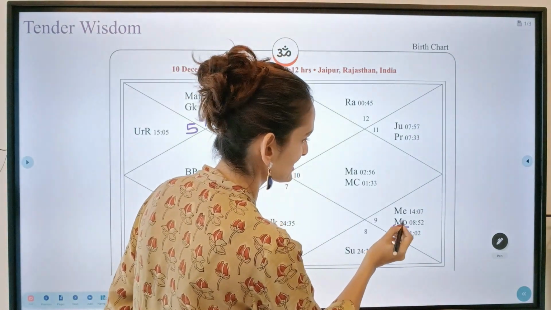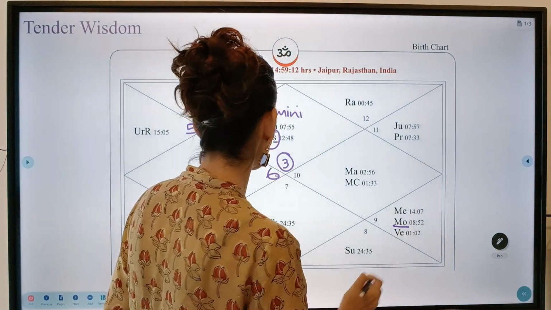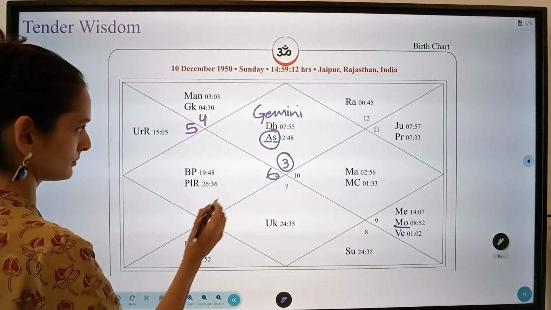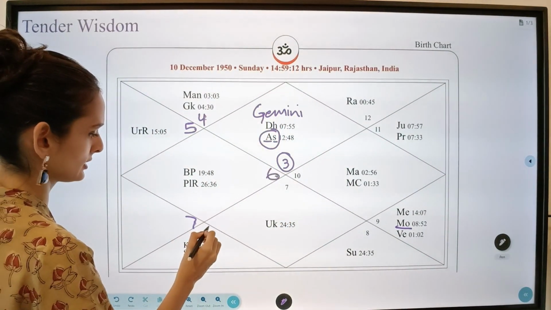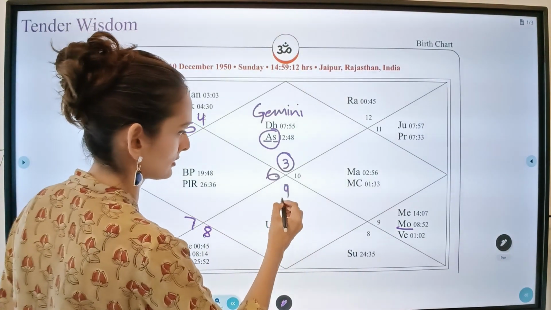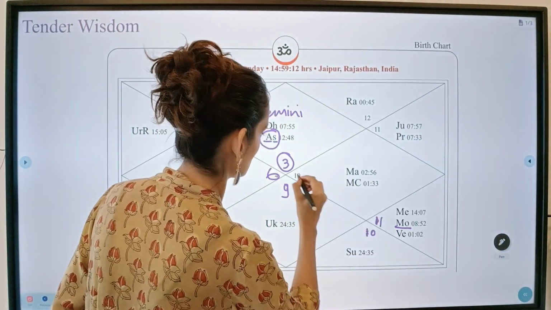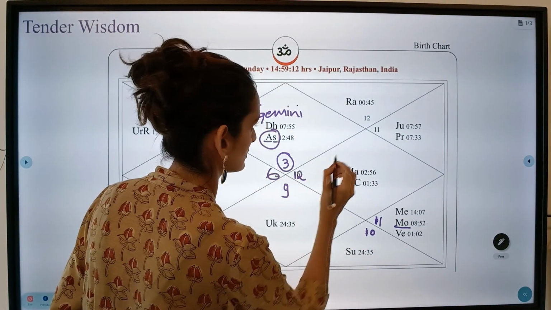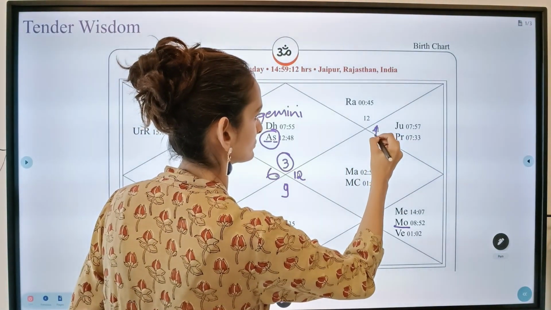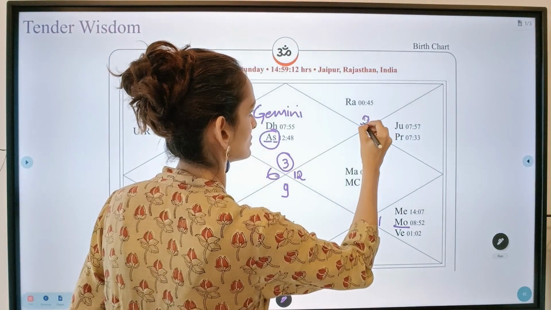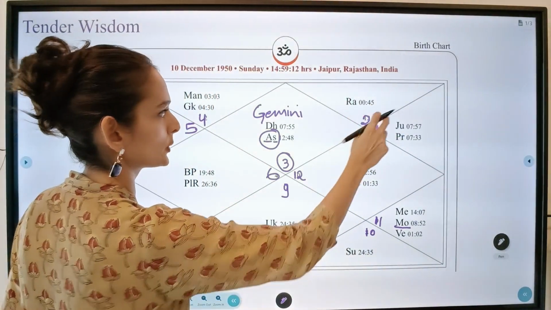Your moon is placed in this section of the horoscope, and let's say this is still a Gemini ascendant. This is 2, right? So this becomes your 12th house.